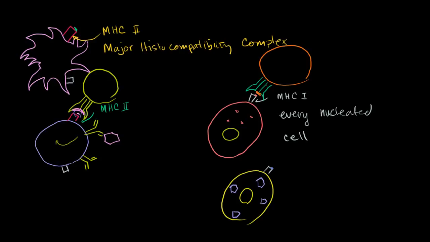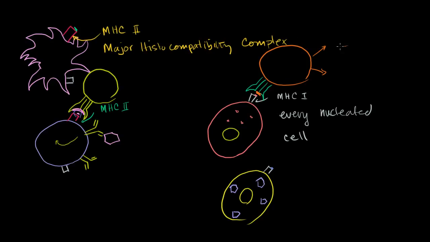But anyway, once a cytotoxic T cell finds one of these guys on an MHC1, remember every nucleated cell in the body has an MHC1, then it gets activated. So let's say this guy says, hey, that looks shady, you need to die. So this guy gets activated, and just like all other activated cells, he starts to divide and divide and divide and differentiate.